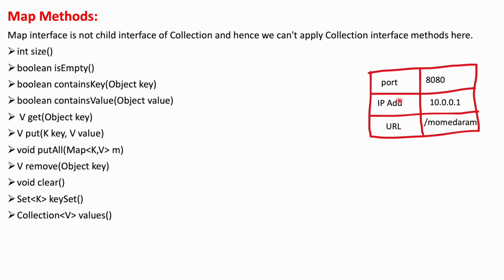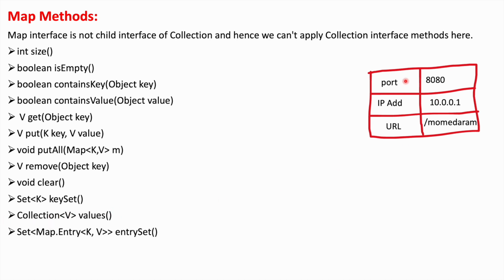If you see here, keySet is of type Set of keys, and values is Collection of V. Why is it Set? Keys won't be repeated, so duplicates won't be allowed. The keySet return type is a Set. For values, they can be any, duplicates can be there, so the return type is Collection.